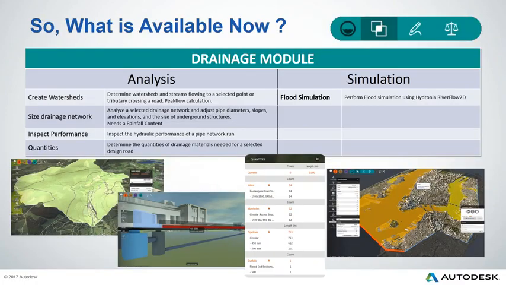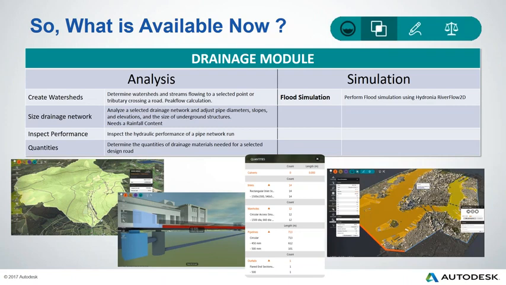So to summarize about the drainage features, in terms of analysis, we do create watersheds. We determine those watersheds and their streams flowing to a selected point or even to a tributary crossing area of a road. We do calculate the peak flow calculation if you have the required parameters.